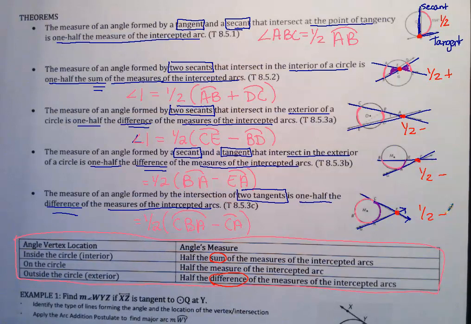If you can find your point of intersection, then maybe you can remember. If it's exterior, you always subtract. Interior, you add them, and if it's on the circle, it's just half. That is something that's helpful for me to remember which ones are which. Okay, so we have 3 problems actually to solve these, so let's get into it.